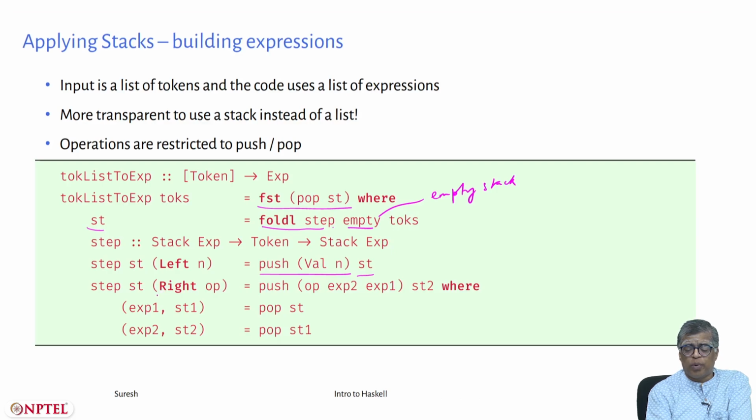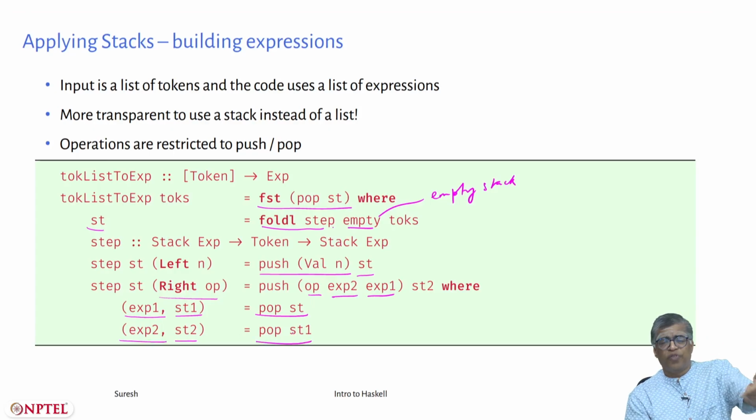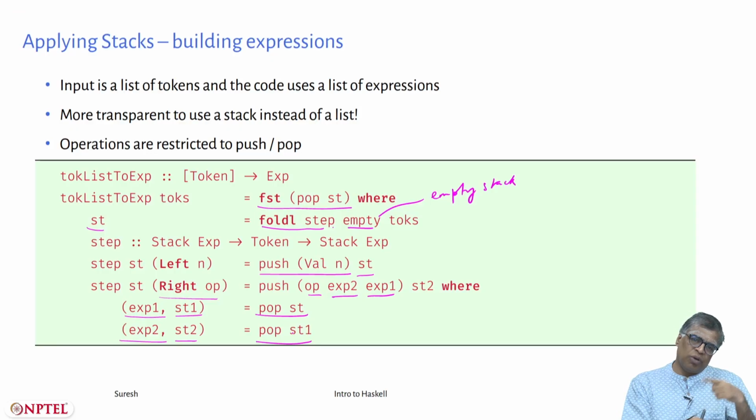If you have to process Right op, you push op applied on x2 and x1 on the stack st2, where (x1, st1) is pop st, and (x2, st2) is pop st1. Okay. So you first do a pop and then you do another pop. Each time you do a pop, you save the expression in x1 and x2, and then you do the operation on that. Okay.